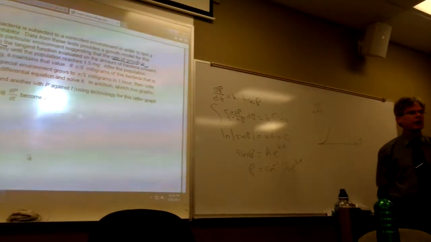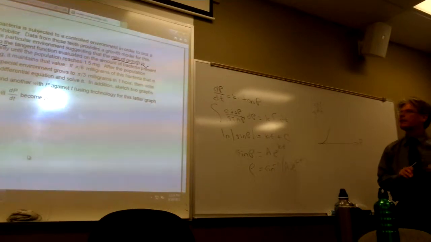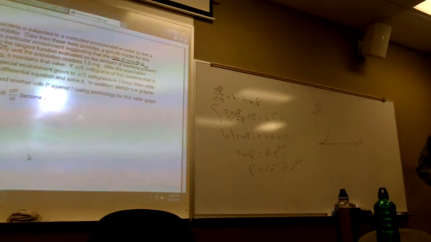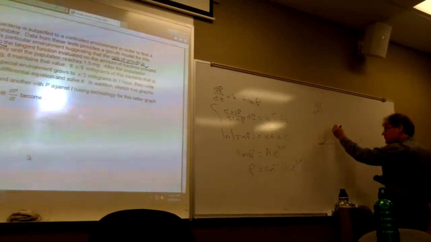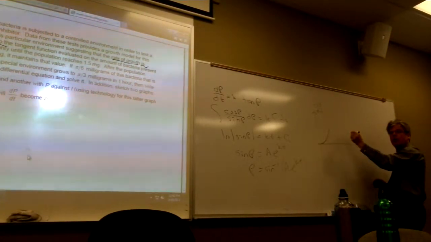I need to slow down. Now I'm being honest, now I really might make a mistake on my part. What did I say? Oh, but the population reaches 1.5 milligrams eventually, and after that the population remains at 1.5 milligrams. So it just goes like this? No, I don't think so.